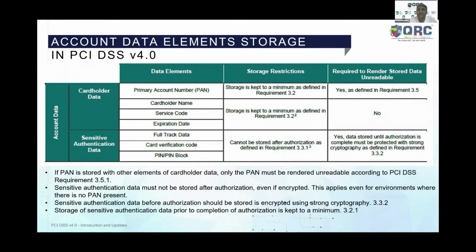Entities used to ask this. Now they have given a very clear statement: whether you are storing the PAN or not, it doesn't make much difference. If you are storing sensitive authentication data before authorization, you also need to encrypt it. That's very simple.